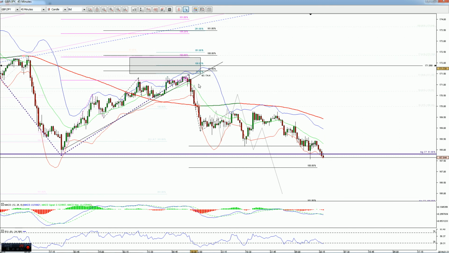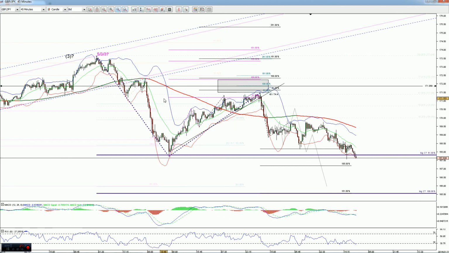Okay, so that is the Great Britain pound, Japanese yen. The market may reverse in this area, go slightly to the upside because this looks like an internal 3, and we'll have a 4, and then another move to the downside.